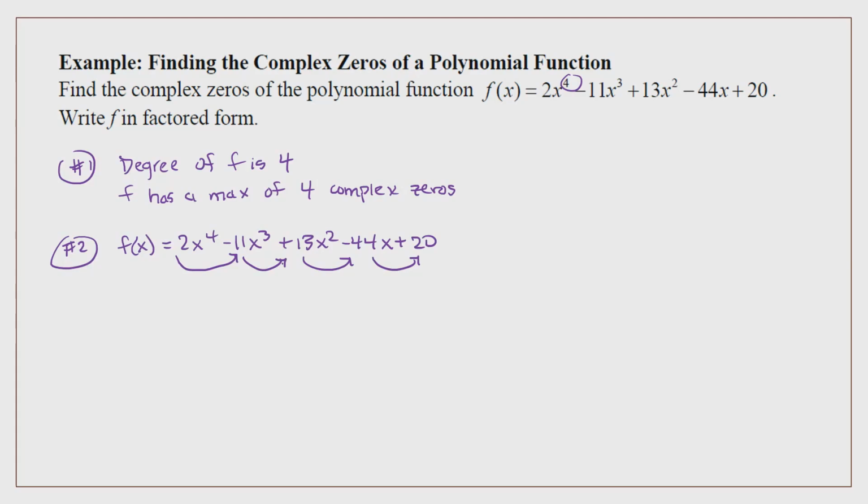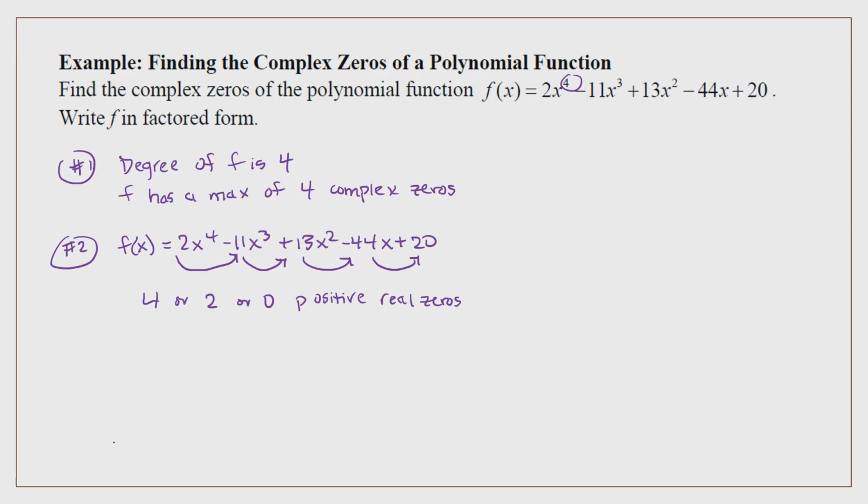Look at that. So we could have 4, or we keep subtracting 2: 2, or 0 positive real zeros.